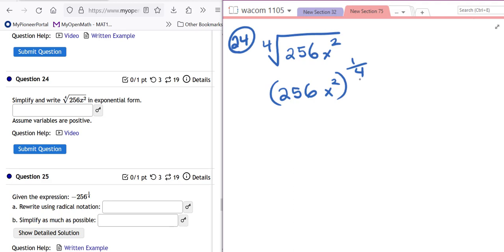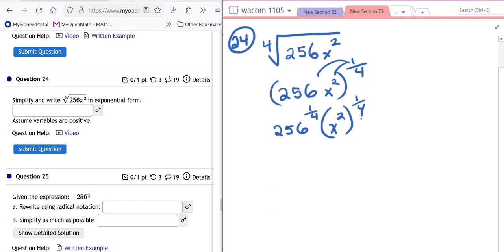They will want the 256 to stay. If you did power to a power here, a product to a power, it goes to each one. The 256 is going to stay to the 1/4. On the x, you get x squared to the 1/4. This one is going to reduce, and this will give you 1/2. This will give you power to a power, keep the base, and multiply.